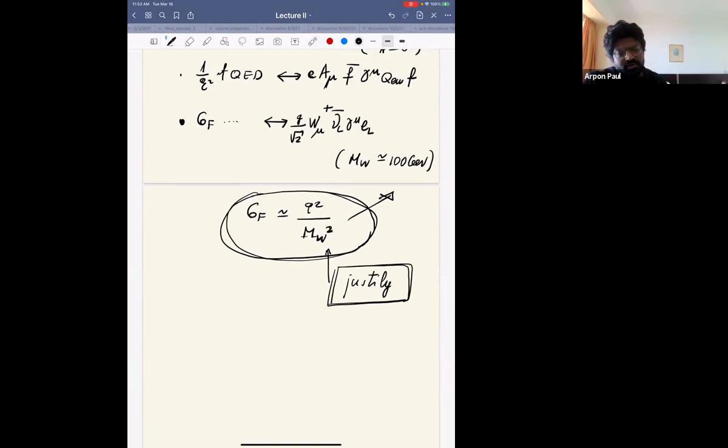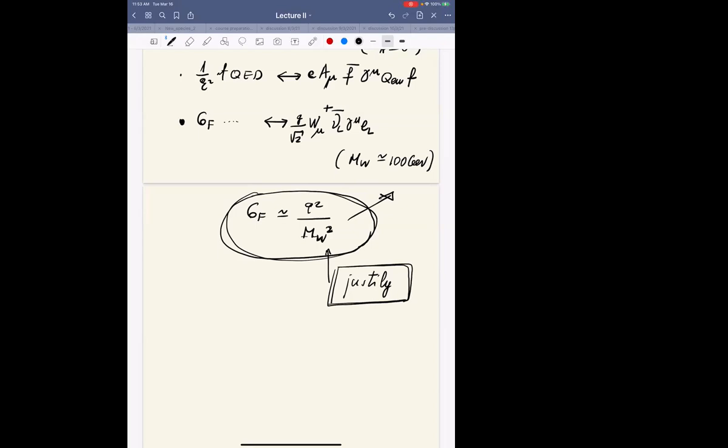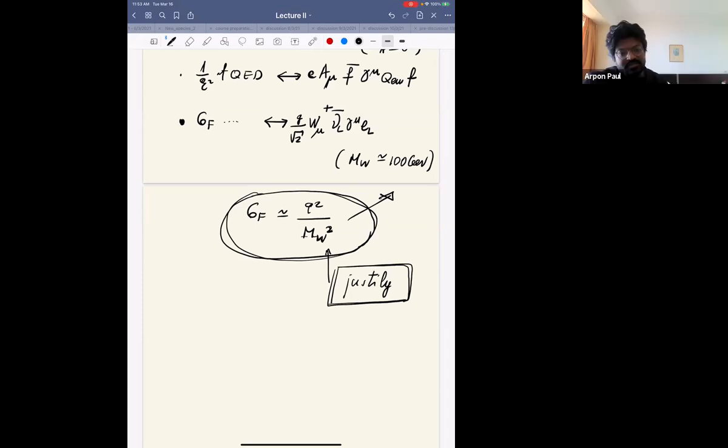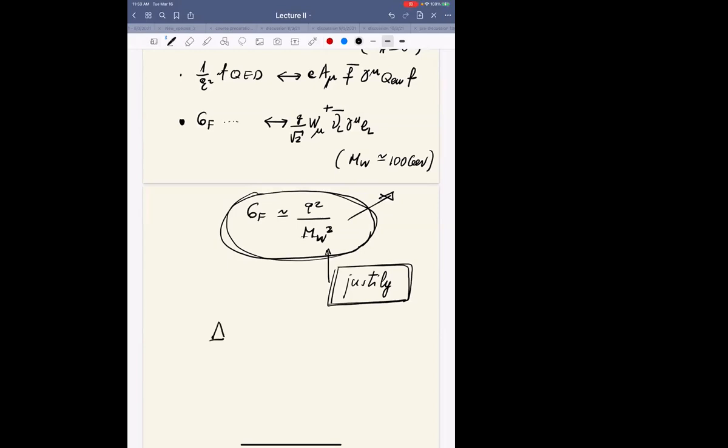Did you mean just 1 over q squared minus m squared, something like that? Well, whatever, right? The form is very important. It's not just, you know, there is a tensorial form. I'm asking what would be the form of the W propagator? Do you know this? It has minus i over q squared minus mW squared, strictly speaking.